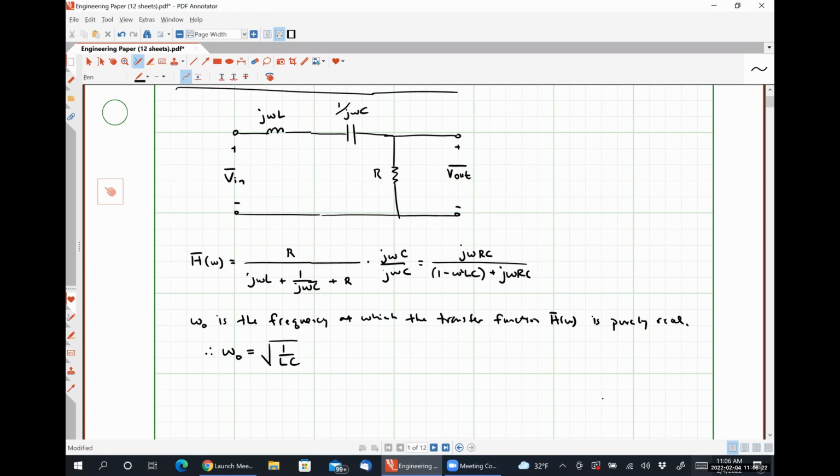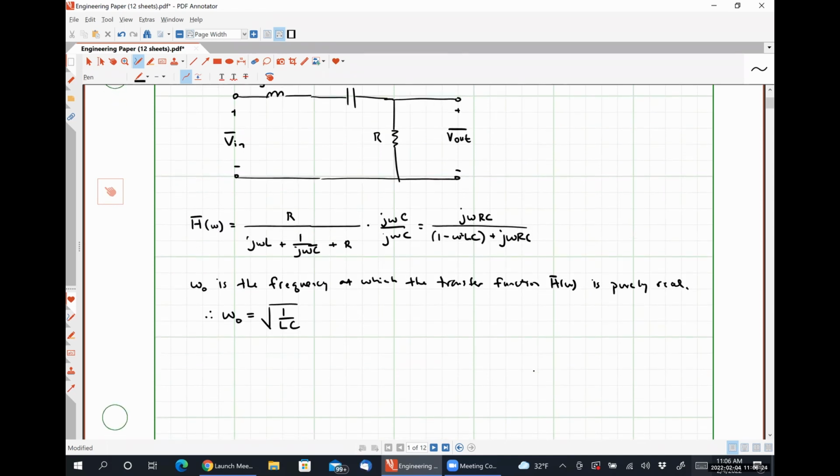So from here, now that we know what our center frequency is, we're going to need to determine our magnitude response in order to figure out what omega C1, our low frequency corner frequency, and omega C2, our high frequency corner frequency, are.